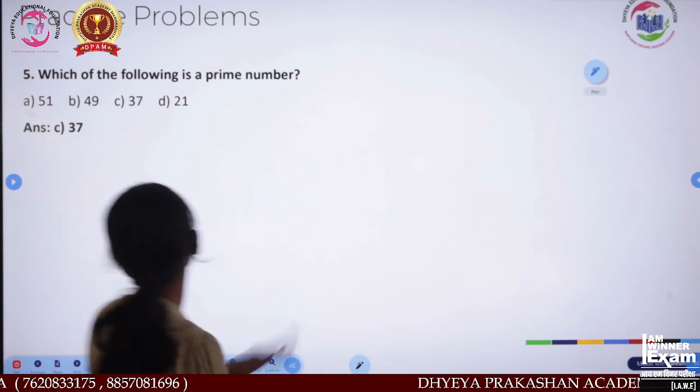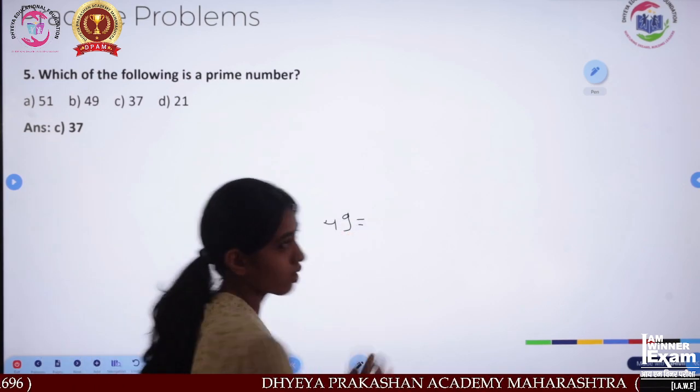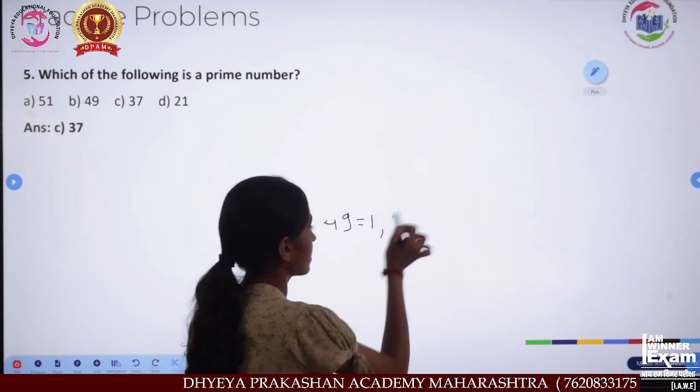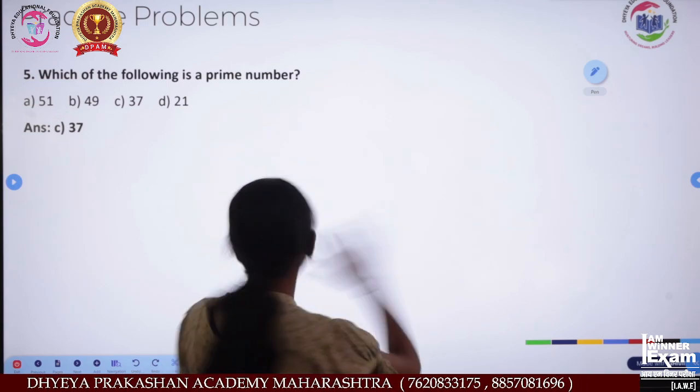Then A is the incorrect option. 49 has more than two factors. 1 is a factor, 7 is a factor, 49 is a factor. That means 49 is incorrect.